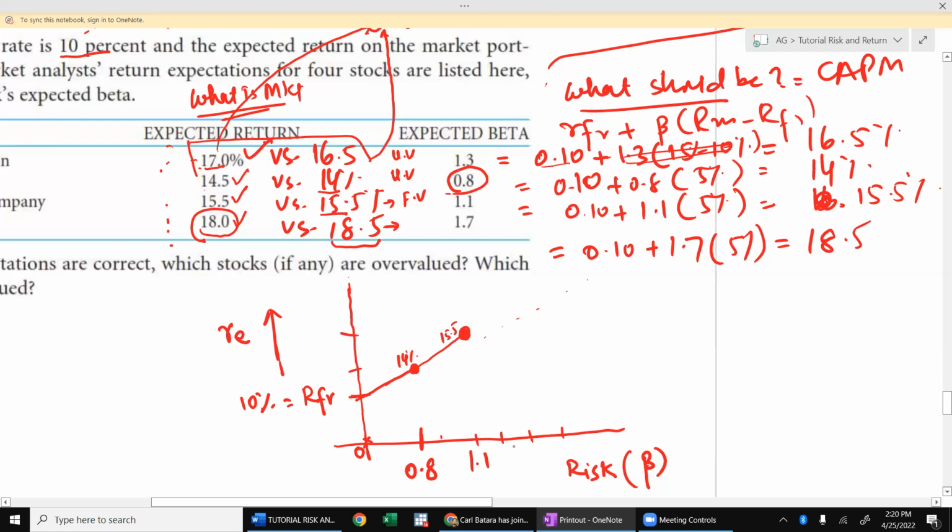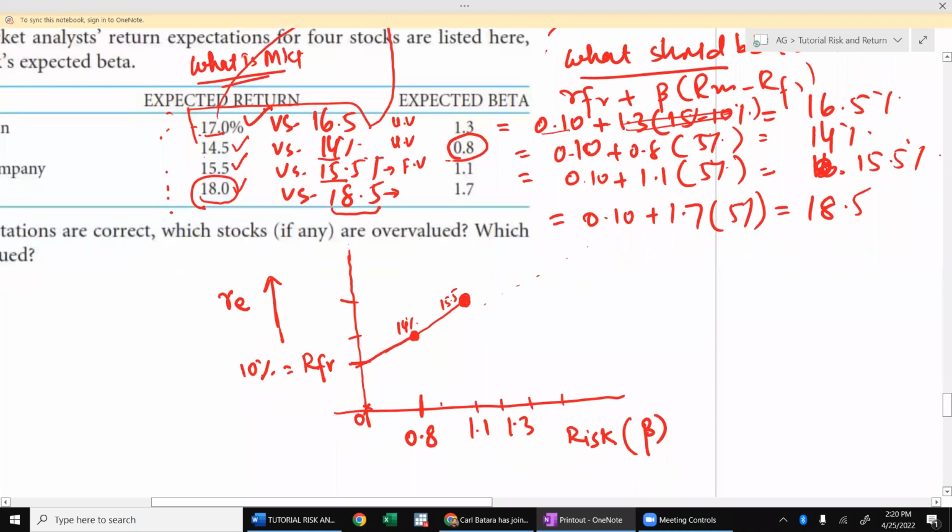So when the beta is 1.3, we should require 16.5%. Okay, so when the beta is 1.7, we should require 18.5%.